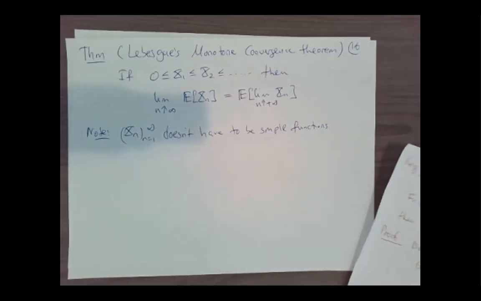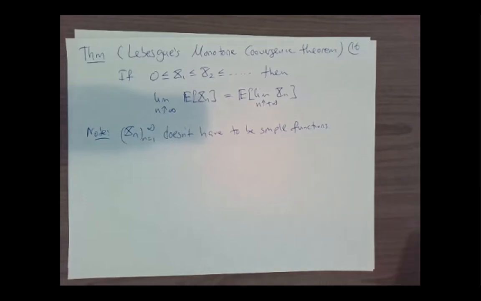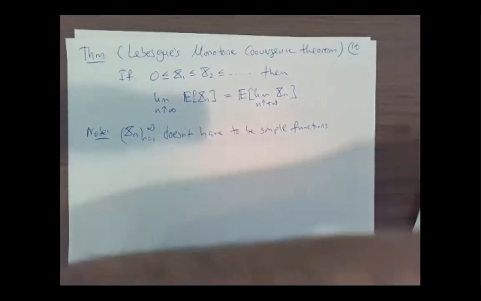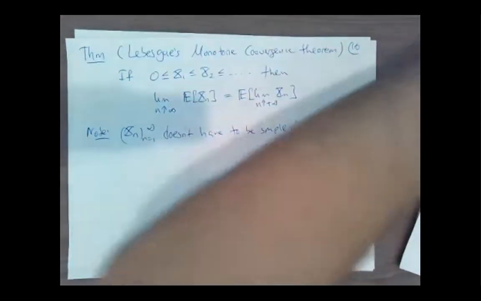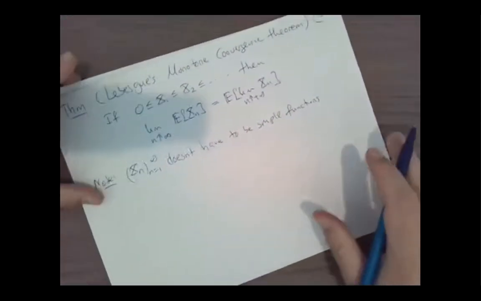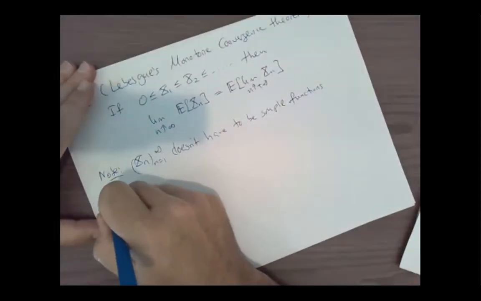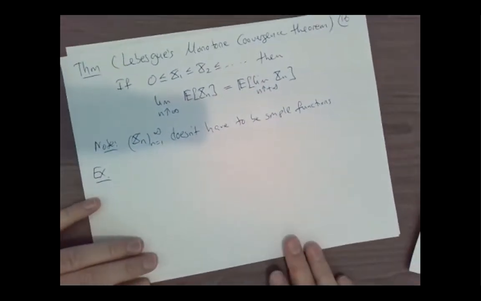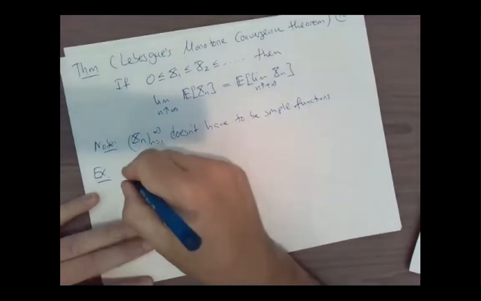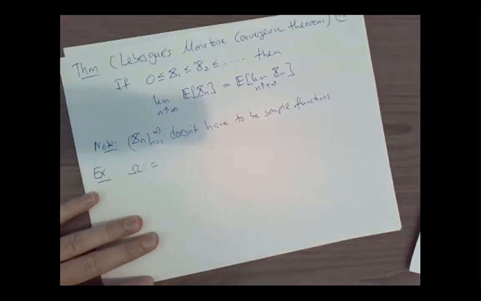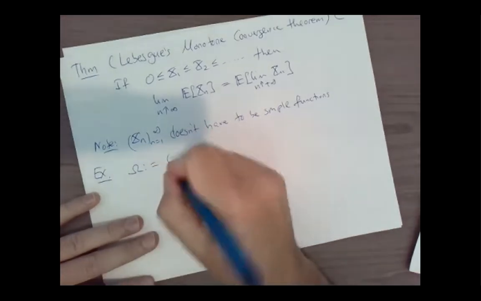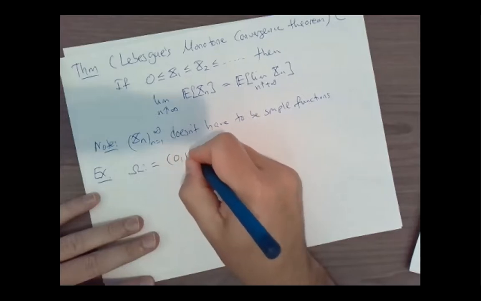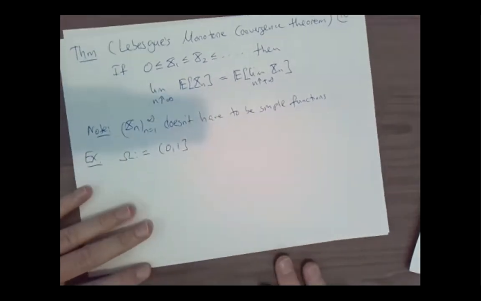There really are, I had some examples prepared. Let me just do a few of them. Let me show you some examples of this. It is not so trivial. Let me take omega to be something like an interval 0 to 1. We had that one before.